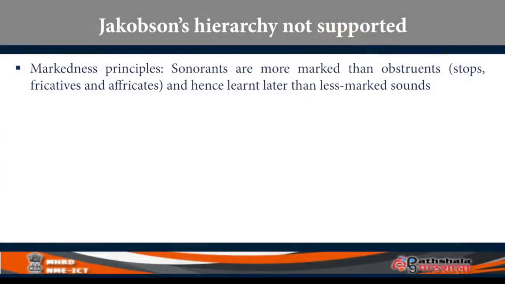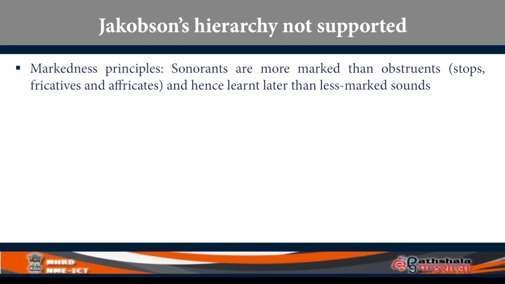Now, why did he give this hierarchy? His point was that there are two principles. One is the markedness principle, that sonorants are more marked than obstruents, and hence learnt later. In phonology class in linguistics, you would have learnt about marked and unmarked. Unmarked sounds are the ones which are more frequent in languages of the world.